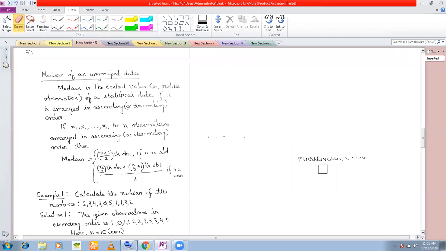So let's see the first question. Before moving on to the first question, let me just give you a formula for median. If in the last example I had taken five observations, the number of observations is five, which is odd. So you have two different formulas for an odd number of observations and an even number of observations.